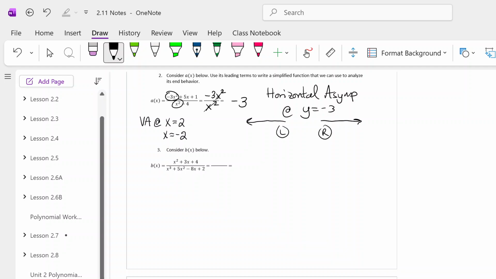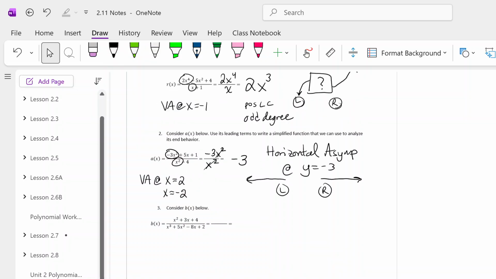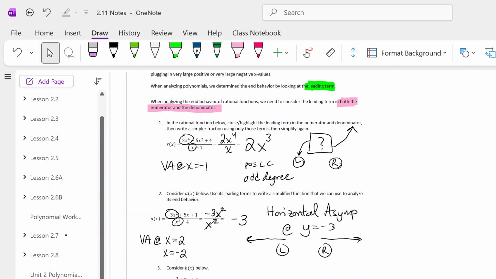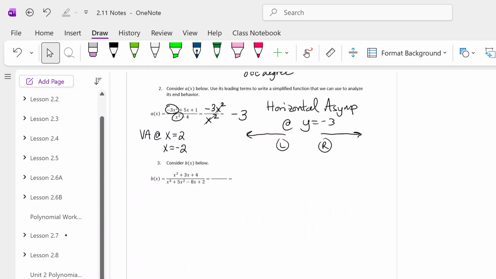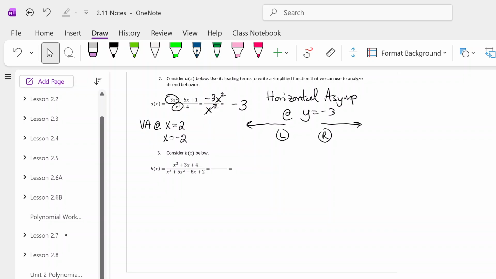Okay, so the last case that we have yet to consider, and we'll get to this on the next page: notice in r of x, the degree in the numerator was larger, x to the 4th compared to x to the 1st. In a of x, the degree is the same, x squared in the numerator compared to x squared in the denominator. So the last case is, what if the numerator is smaller than the denominator?